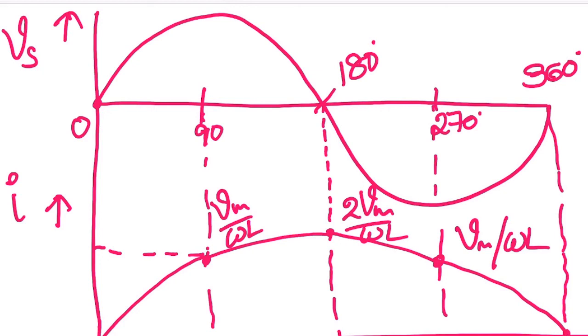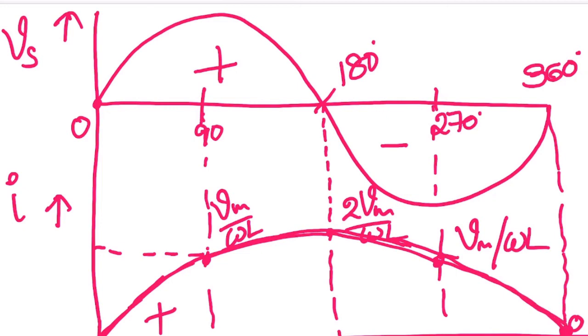Now, what is the observation? The diode starts conducting at 0 onwards. Once the diode starts conducting, it stops conducting only when the anode current comes to 0. Whether the supply is positive or negative is not a concern. The anode current comes to 0 at 360.